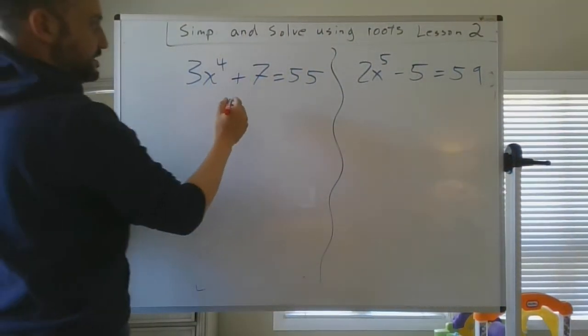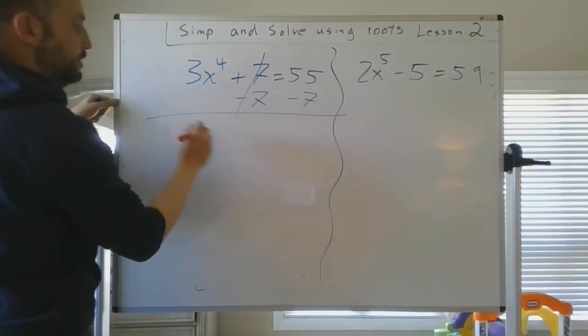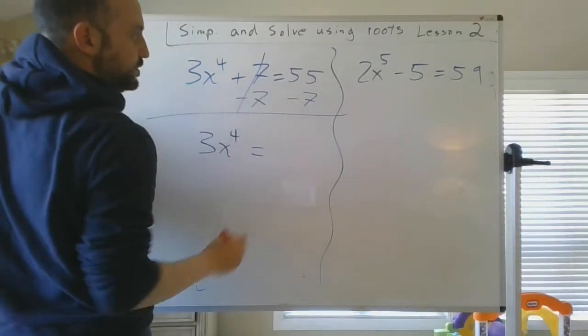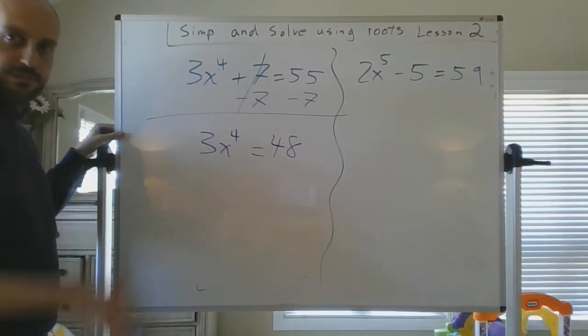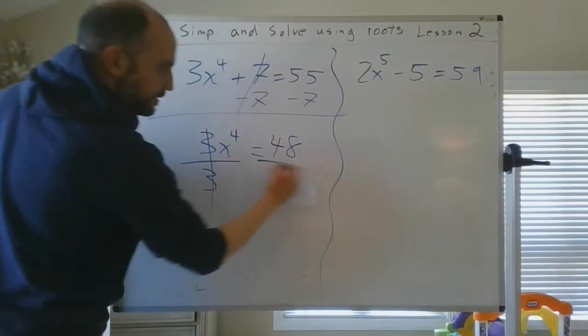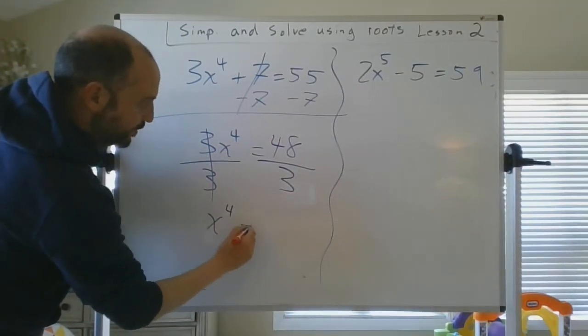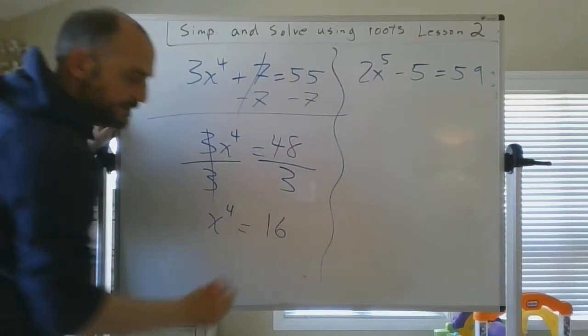First and foremost, easiest thing to move: let's move that 7. Minus 7. Rewriting it, 3x to the power of 4 equals 48. Great. Okay, reverse PEMDAS. Now let's take out that 3. Divide by 3. Divide by 3. x to the power of 4 equals 48 divided by 3, which is 16.